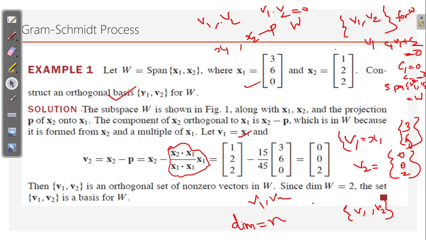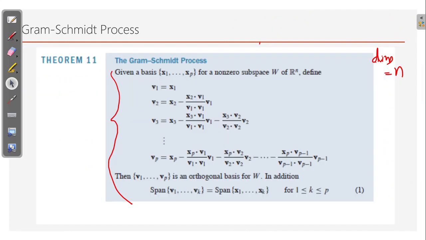That is what I mean by the Gram-Schmidt process. Gram-Schmidt generalized this: v1 equal to x1 and v2 equal to x2 minus the projection of x2 onto the subspace W.